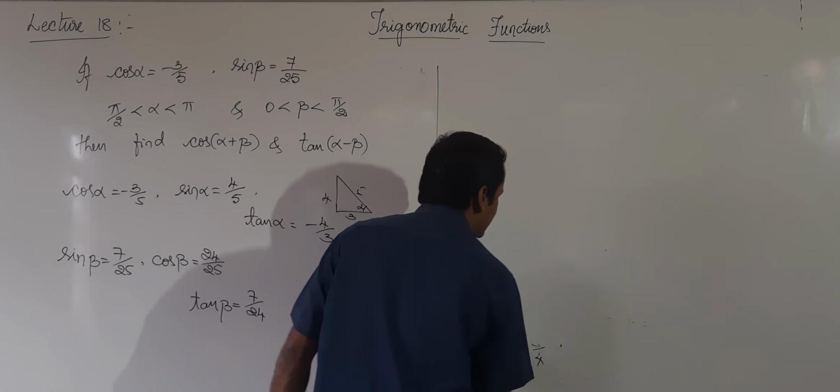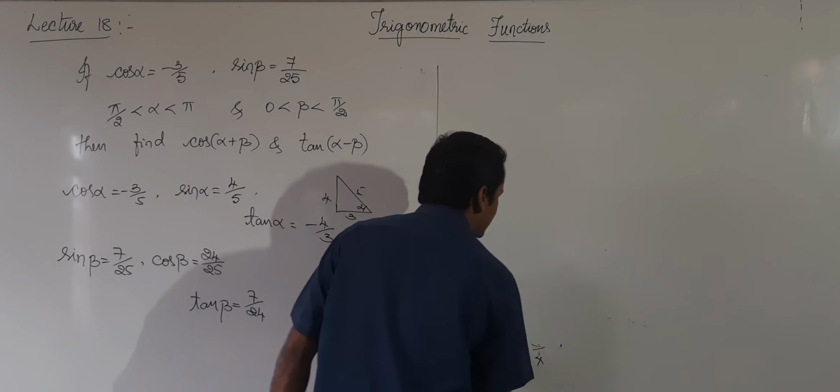That's equal to cos alpha cos beta minus sin alpha into sin beta. Cos alpha is minus 3 by 5, cos beta is 24 by 25, minus sin alpha 4 by 5 into sin beta 7 by 25.